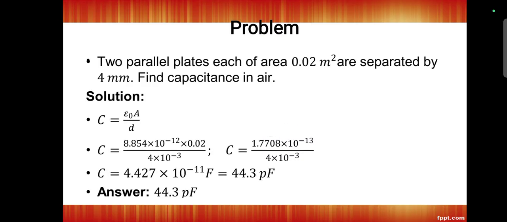Let us have one problem based upon this. Two parallel plates, each of area 0.2 meter square, are separated by 4 mm. Find the capacitance.